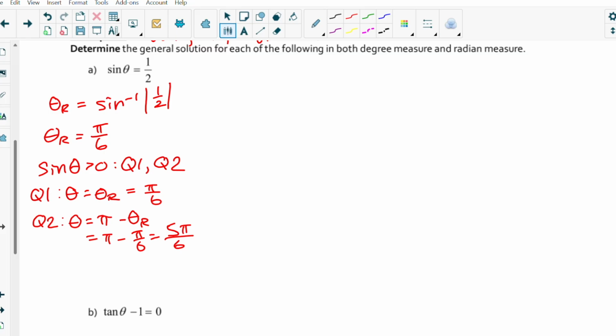Pi over 6 and 5 pi over 6, do they differ by pi radians? Meaning, are they directly across from each other? Do they divide the unit circle in half? Well, if I add 6 pi over 6, I get 7 pi over 6, so they're not the same. So we can stop here and then write a general solution like this.